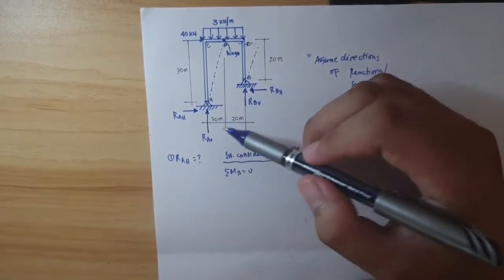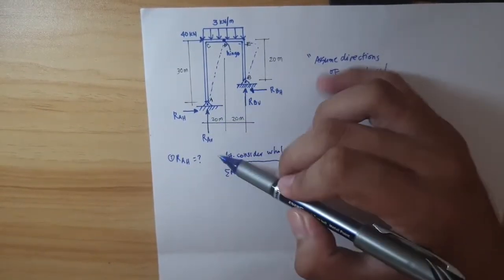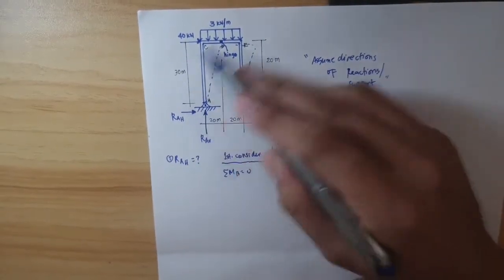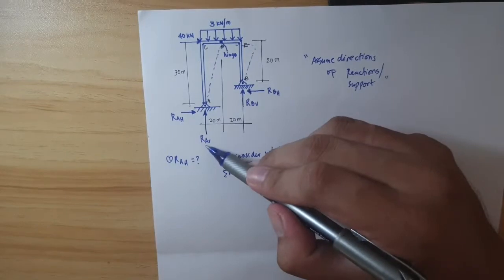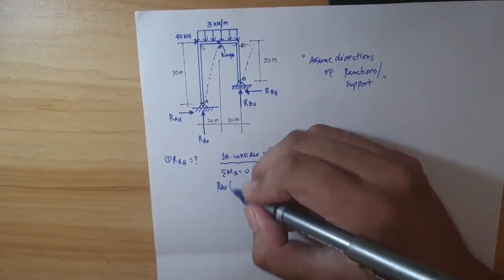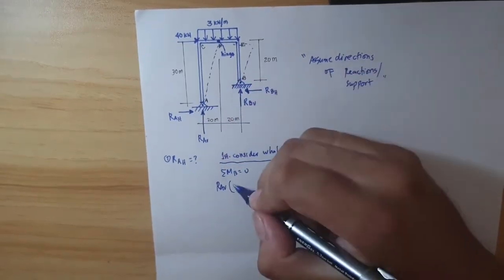For the moments, clockwise equals counterclockwise. For the clockwise, we have RA vertical times the distance from B, that is 40.